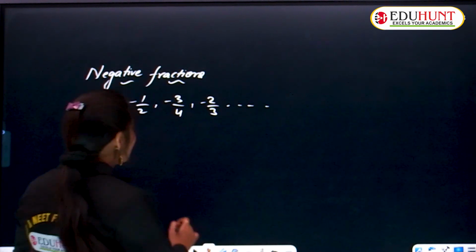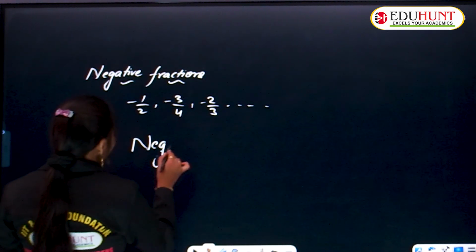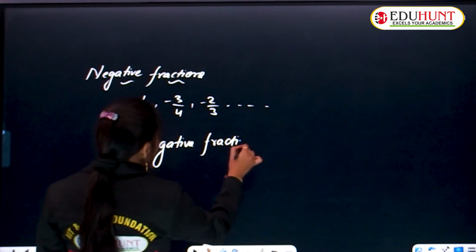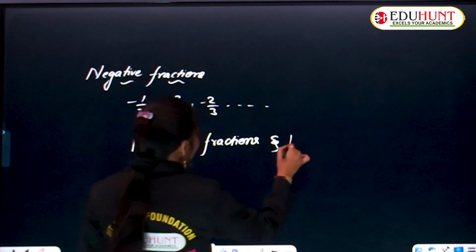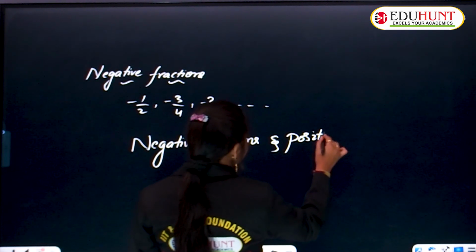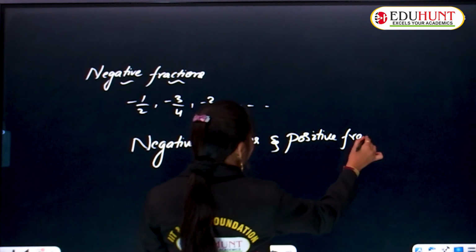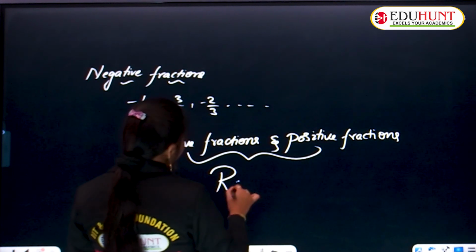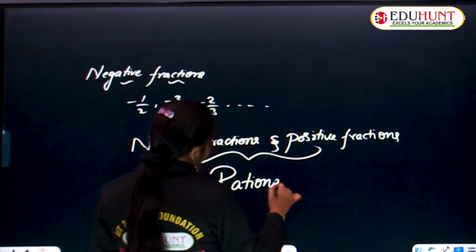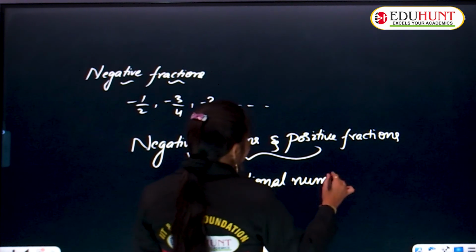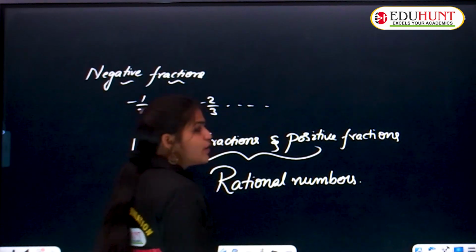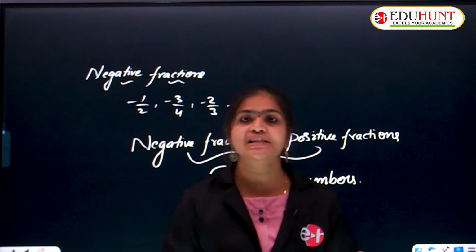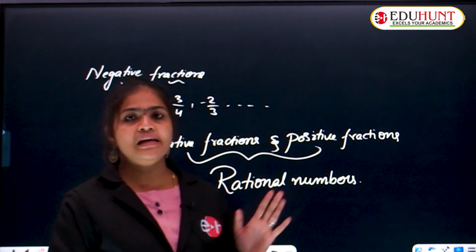Now here negative fractions and positive fractions, these two combinations are there in rational numbers. Understood? Now in rational numbers what can we observe here? Positive fractions we can observe, and in the same way negative fractions are also there in rational numbers.